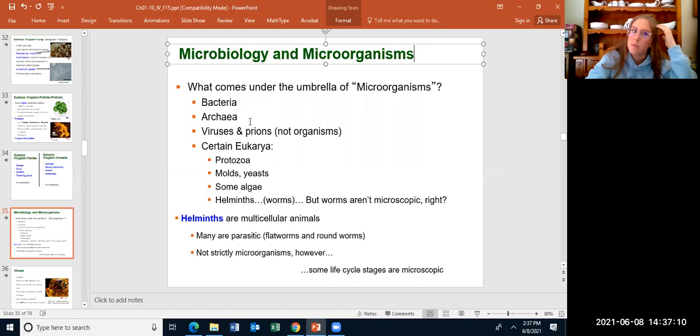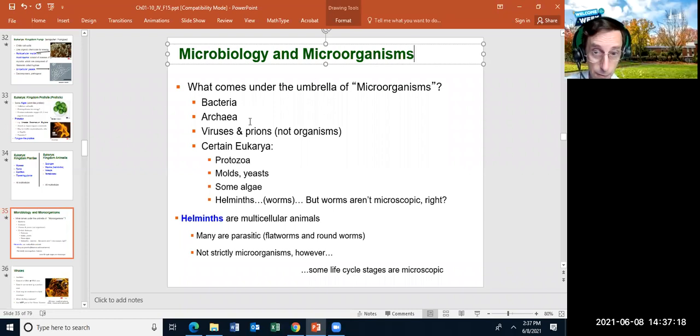Is it because in certain life cycles you can study them under a microscope? Yes. The helminths at various stages of their life cycle are microscopic.